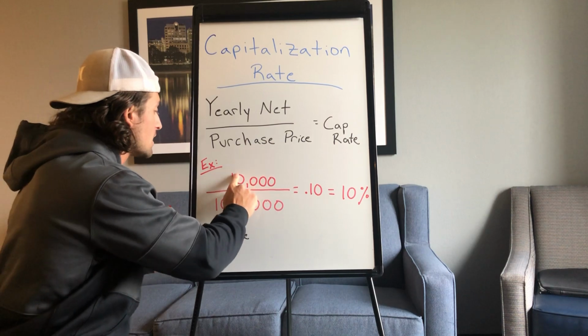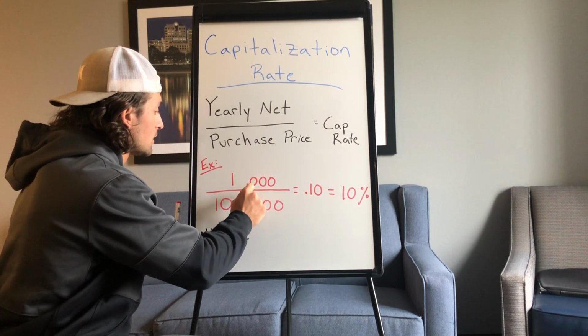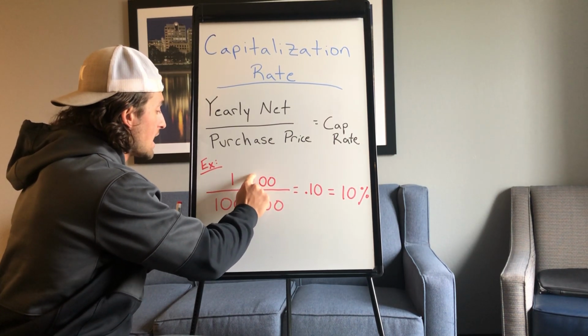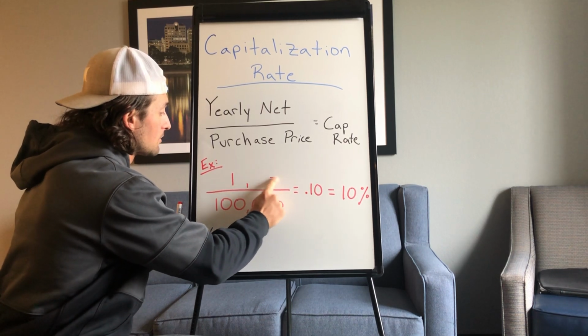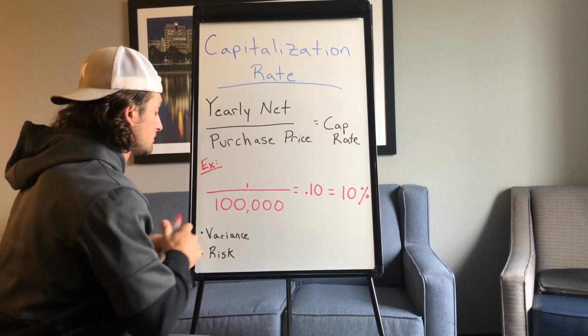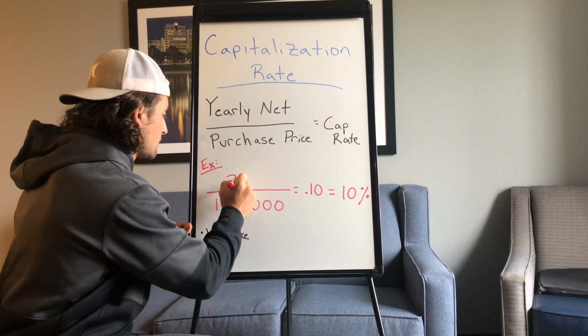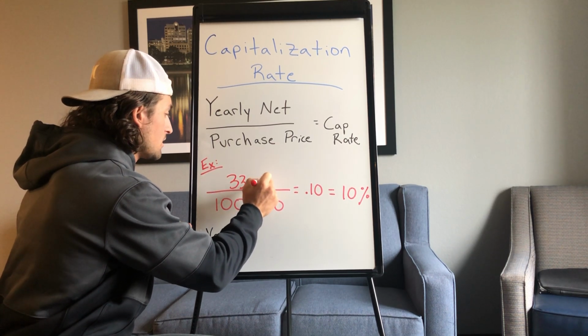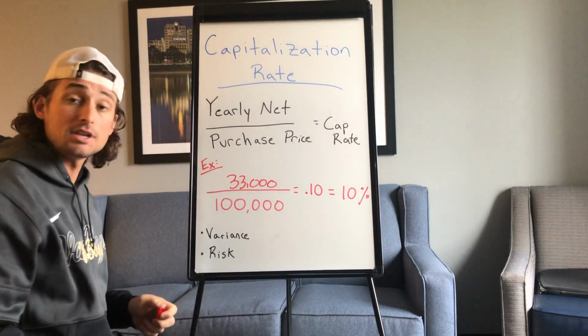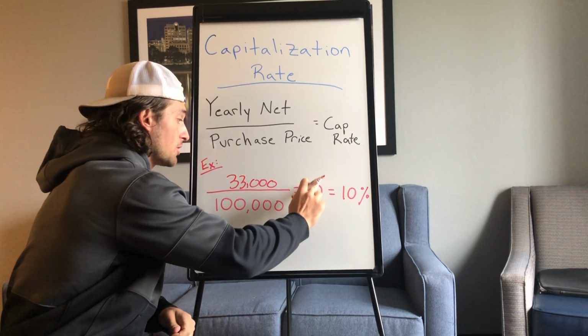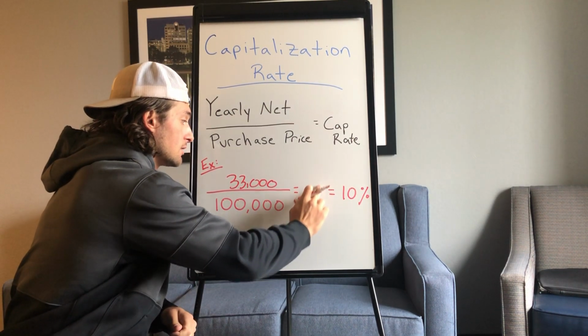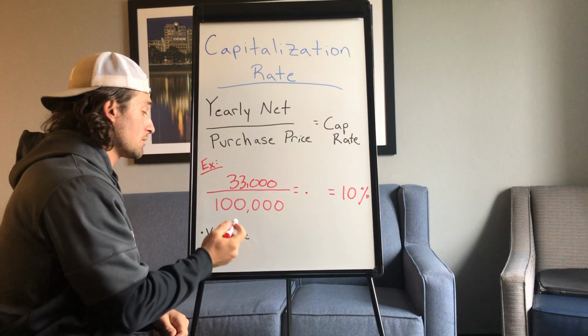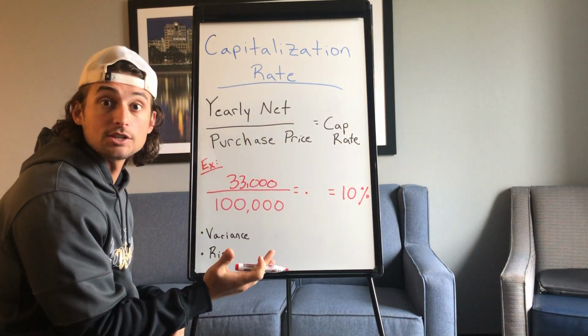So for example, let's say I'm netting $33,000 per year, okay? My cap rate is gonna change a little bit, right? Because we're at the same purchase price. This is a crazy good investment, okay?